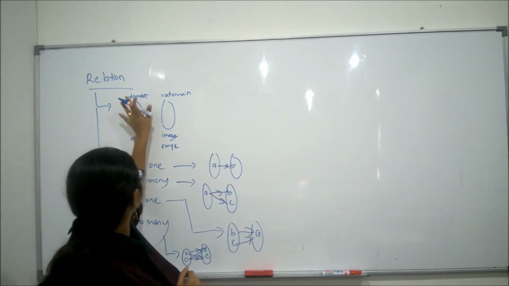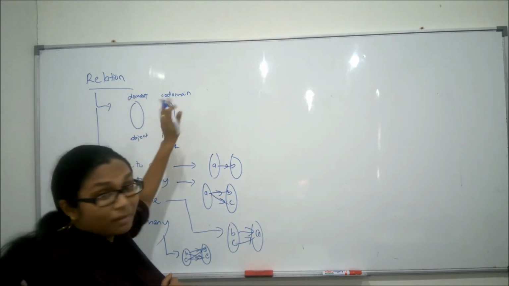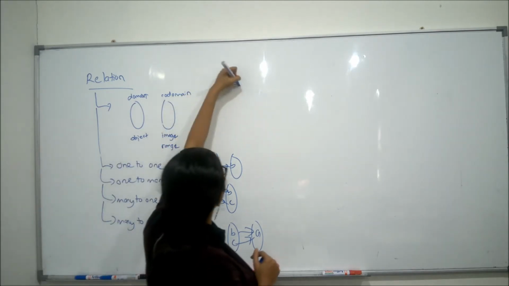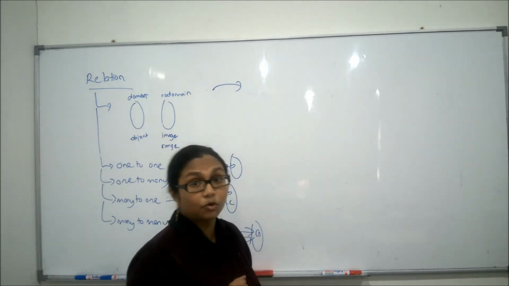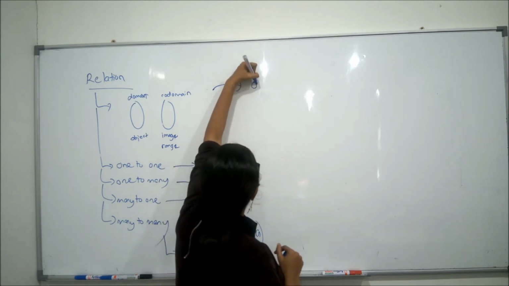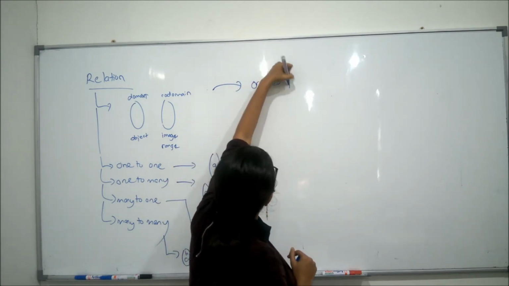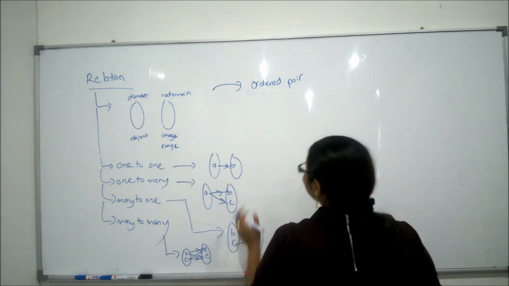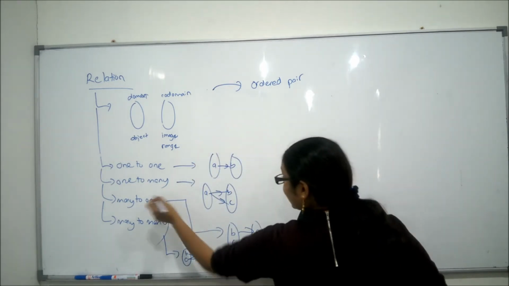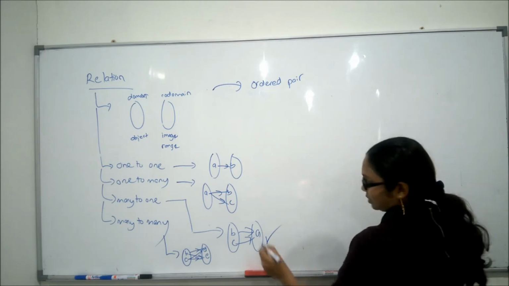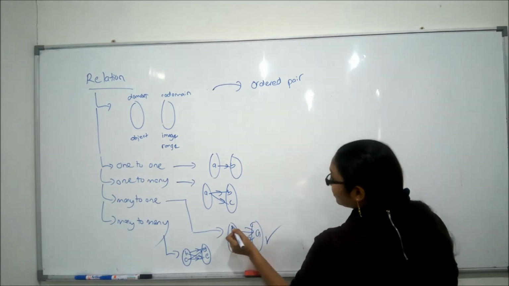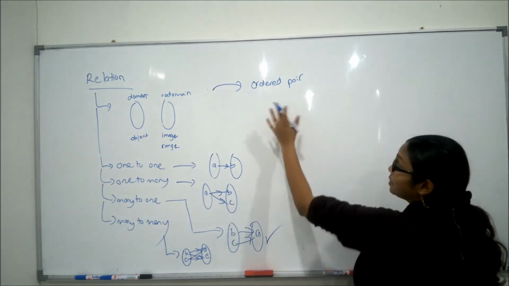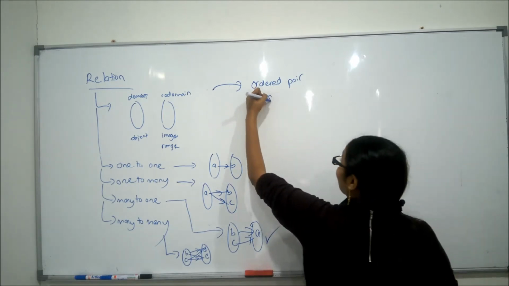Other than writing a relation in a set form like this, there is another way of writing this domain-codomain notation. We call this ordered pair. So look carefully into this example. Look at this many to one example. How do we write this domain-codomain relationship in an ordered pair form?